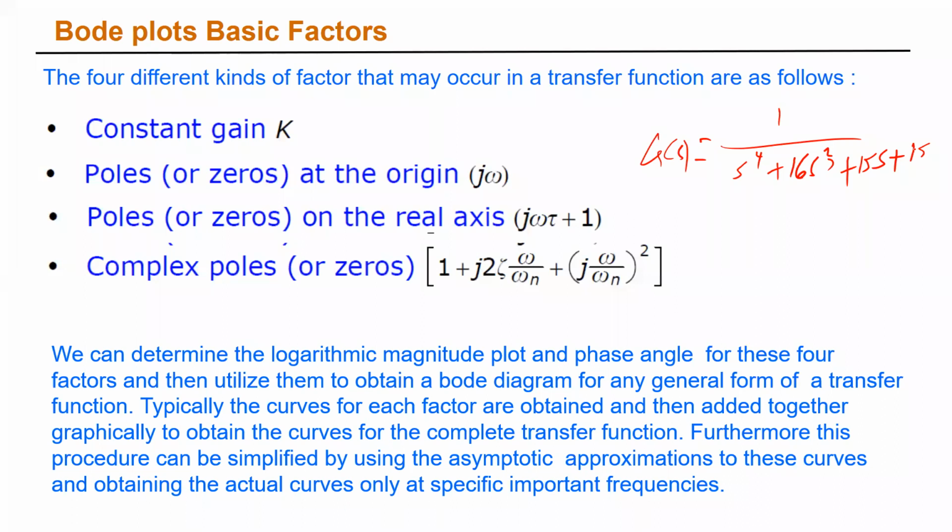So convert them if they are not in that form. For example, a simpler one, 1 over s cubed plus 2 s squared, can be written in factorized form. If we have, for example, 1 over s cubed plus s plus 1, factorize them. Yes, the approach is based on the factorized form.